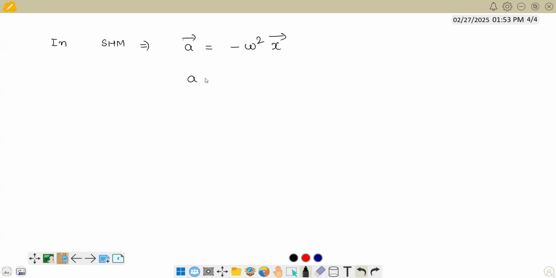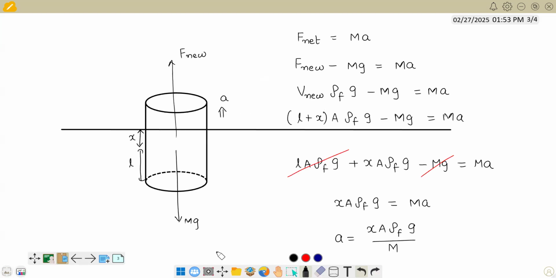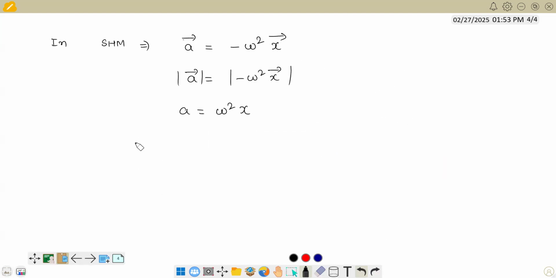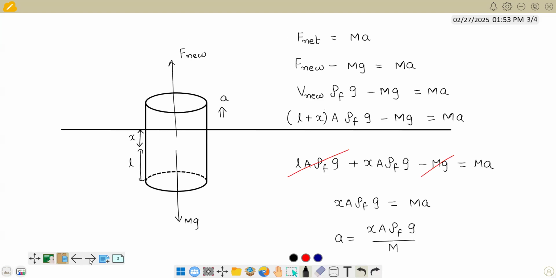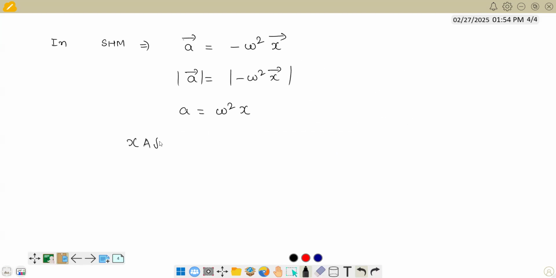So if I just take the magnitude expression, magnitude of a bar equal to magnitude of omega square into x bar. So simply a equals omega square into x. If I substitute that here, x into A density of fluid into g divided by capital M is equal to omega square into x.